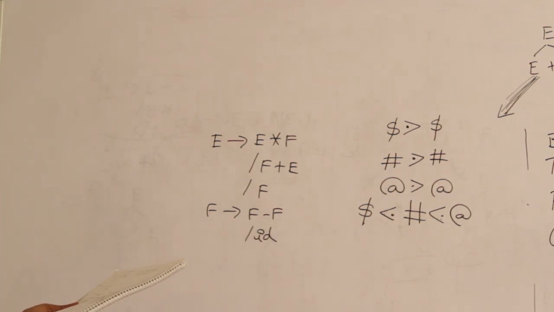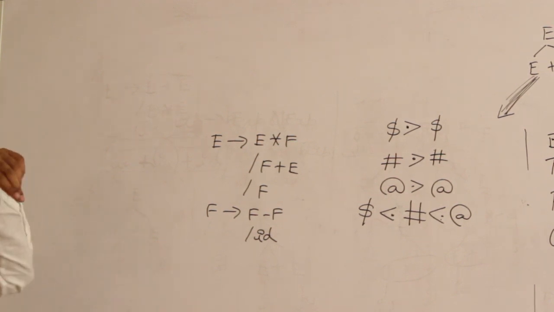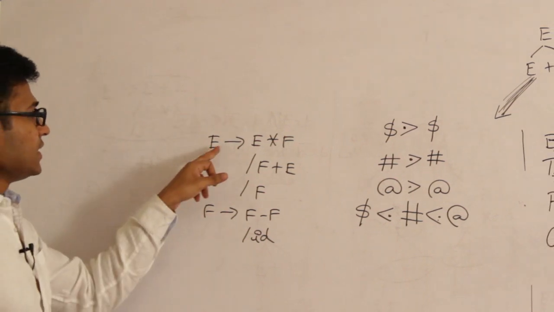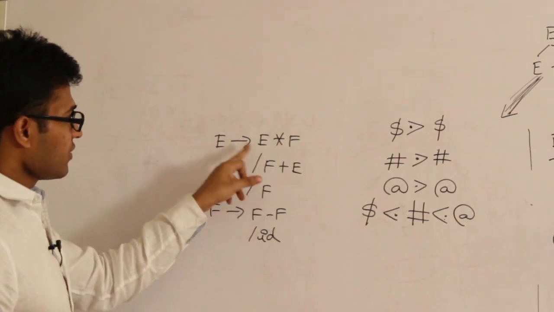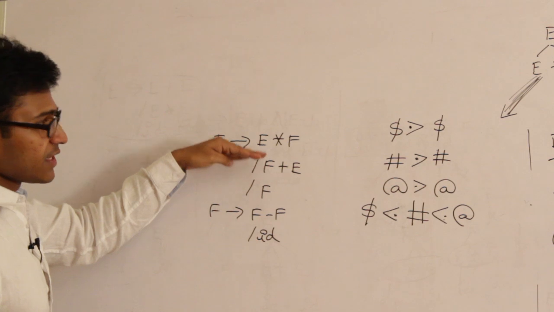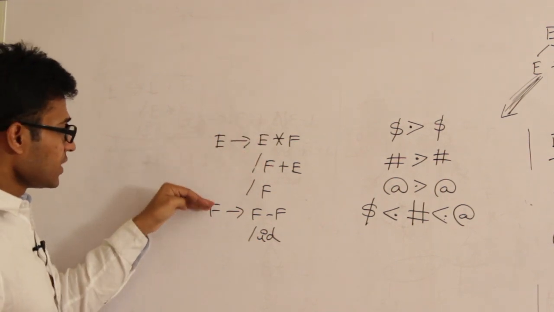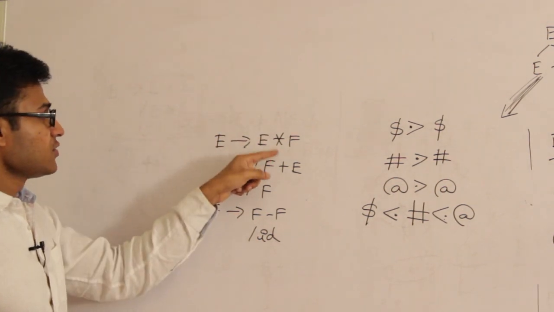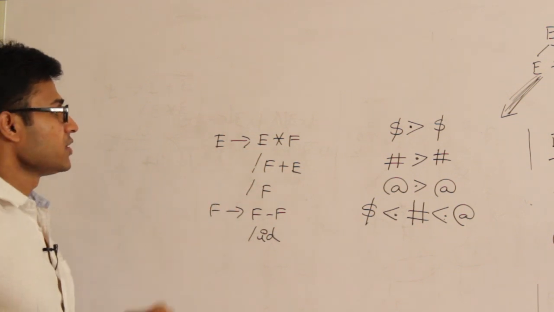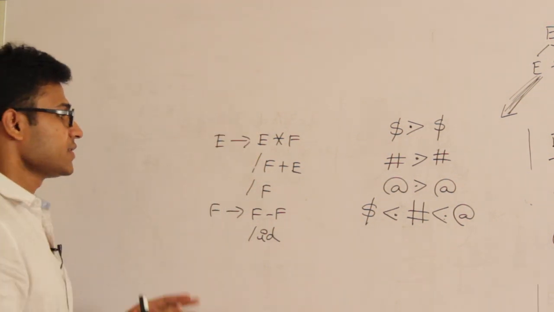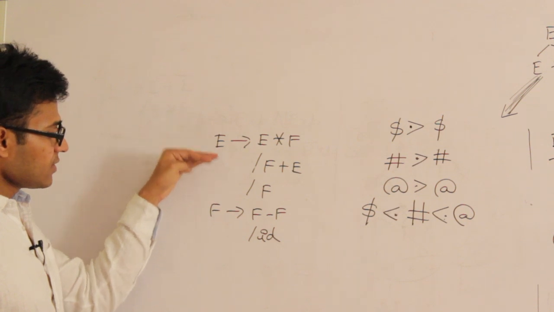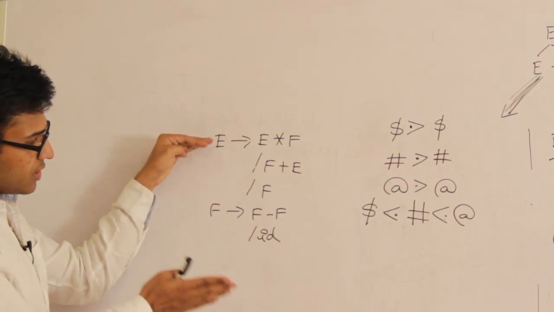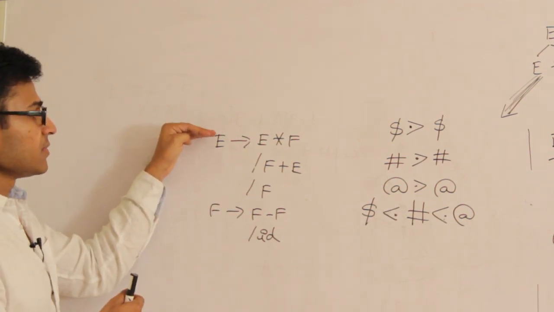Tell me, what do you understand from this grammar? One thing we could understand is that plus and star are defined at the same level. This is not a different level unless you go to the next one, F. Therefore, according to the grammar, plus and star have the same precedence, and then minus is written at a level further away from the start symbol.